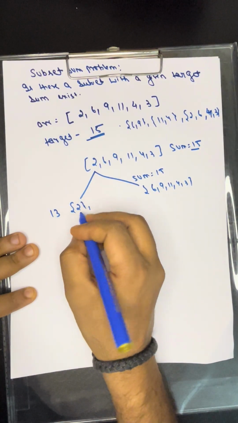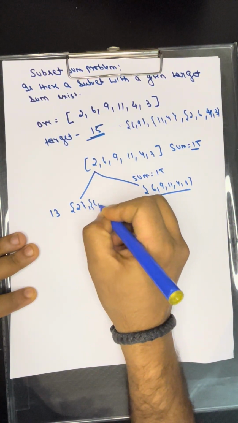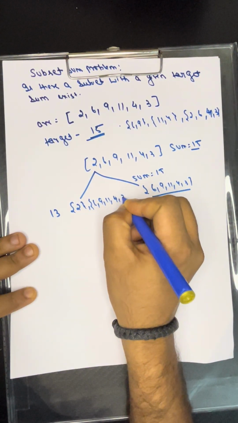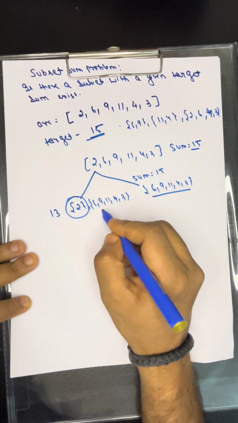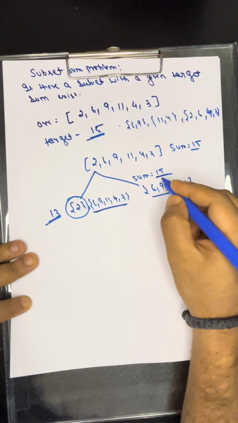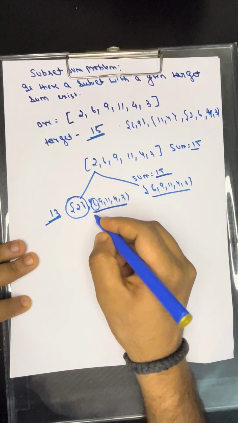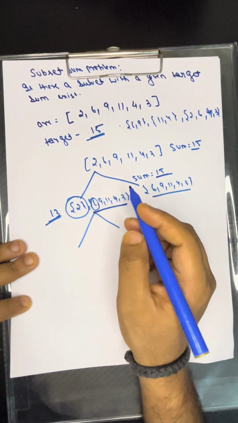Here we have 6 9 11 4 3, and here we chose 2. Here we have to find the sum 13 and here we have to find 15. Then we take the next element, 6, and we have two options: we can select 6 and we can reject 6.